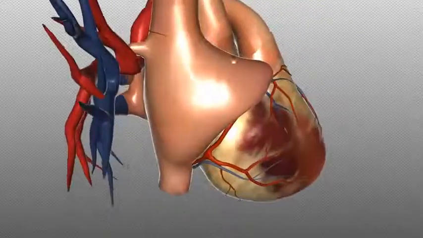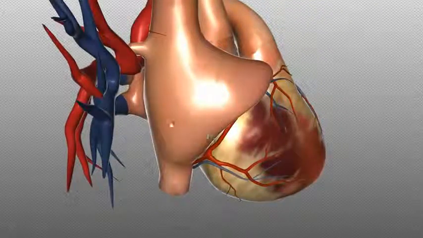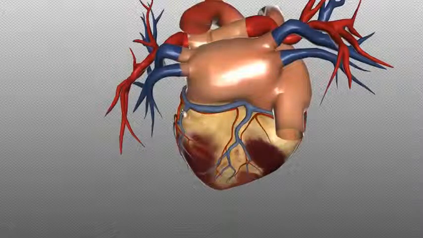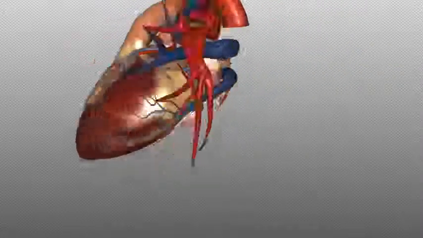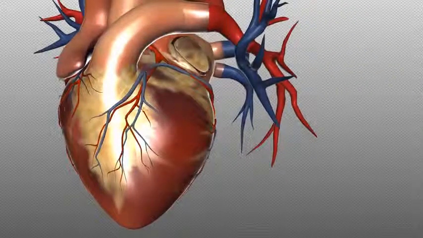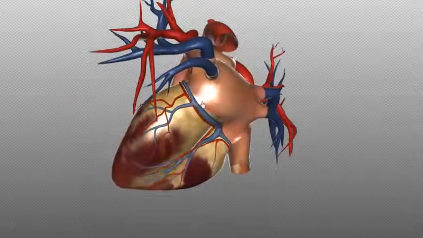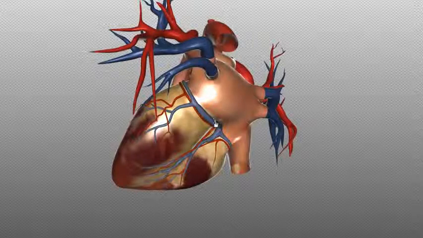So you've got the coronary sinus, which has 4 tributaries. You've got the great cardiac vein running in the anterior interventricular sulcus. You've got the posterior cardiac vein, which runs on the left margin of the heart, which joins the great cardiac vein and drains into the coronary sinus.